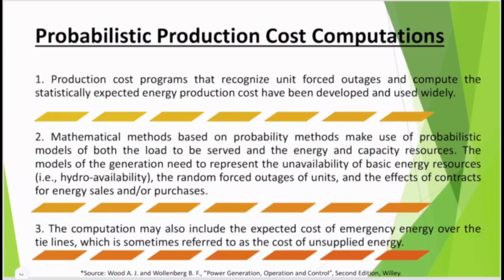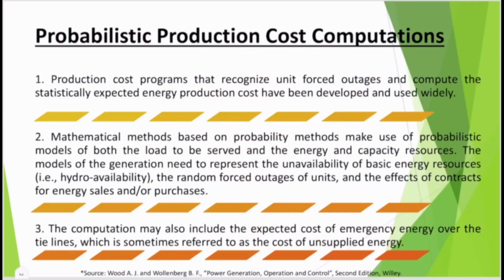That is, the random forced outages of units and the effect of contracts for energy sale and or purchases may lead to a solution which may not be a guaranteed solution.